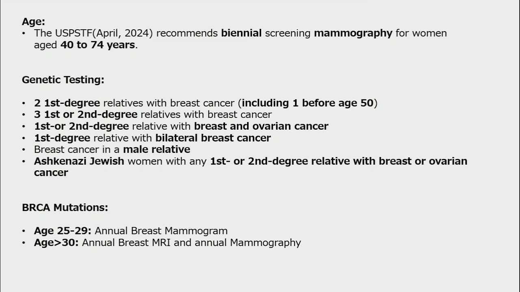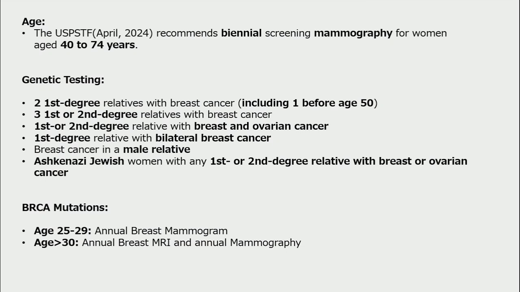Or a first or second degree relative with breast and ovarian cancer. If her sister has both breast and ovarian cancer, you will think of genetic testing for this patient. Or if she has two sisters, one with breast cancer and one with ovarian cancer, you will also think of genetic testing.